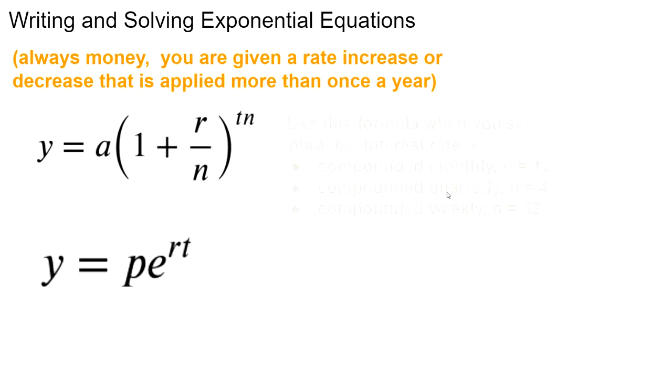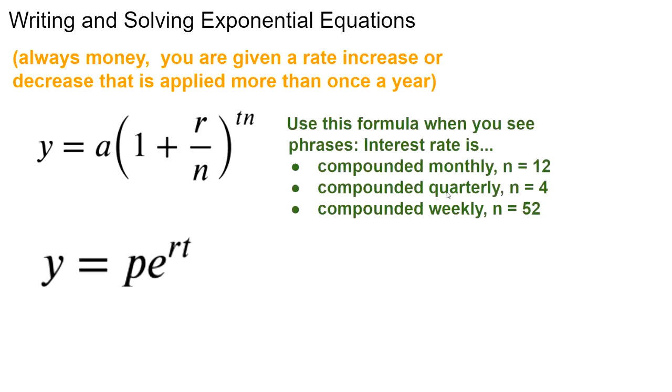The first one is we're going to use this formula whenever we talk about interest and money, and we talk about compounding more than once a year. Remember before we were talking about an annual interest or an annual change? Well, this is going to happen more than once a year.